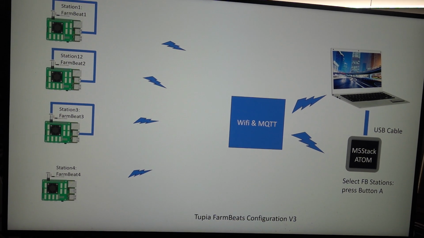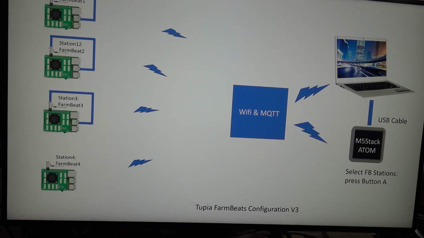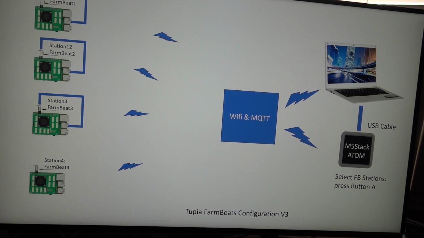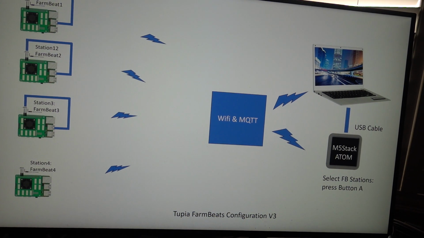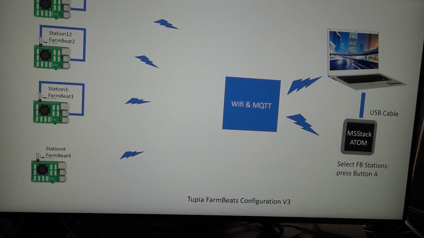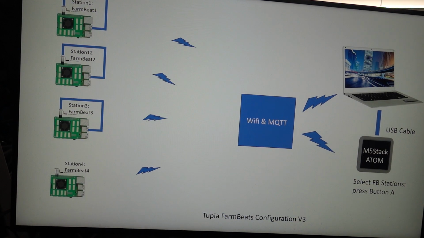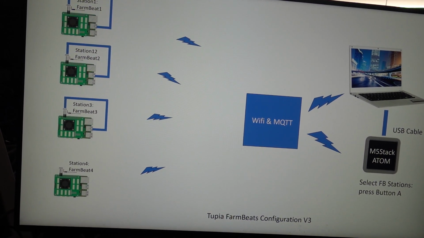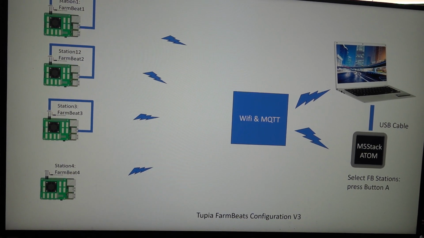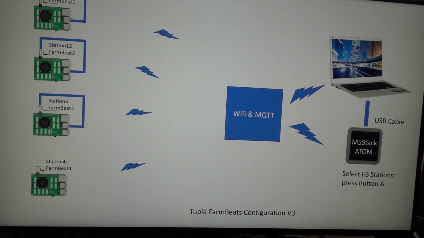So stations 1, 2 and 3, they're all the original FarmBeats configuration, but with the loopback, and they're transmitting via Wi-Fi and MQTT. Number 4 is the same hardware, but instead of the Python program, it's using Node-RED, and it transmits directly without the TTL to USB feedback, and it transmits via Wi-Fi and MQTT.